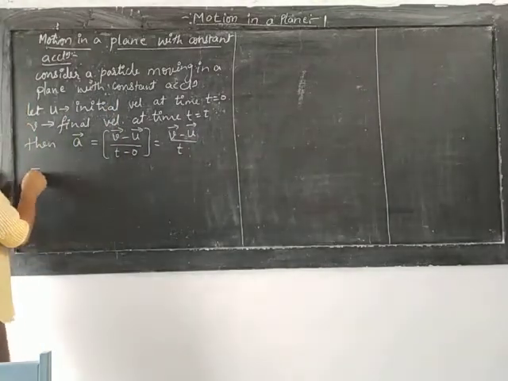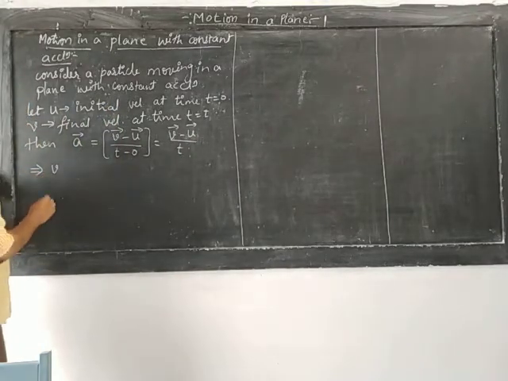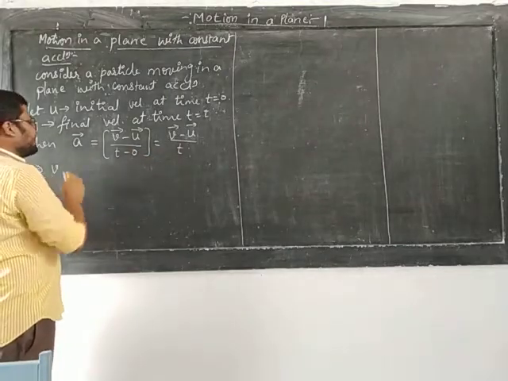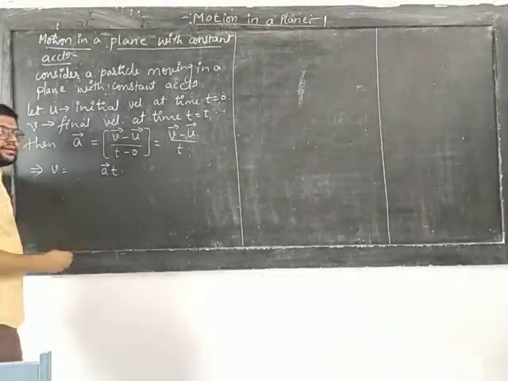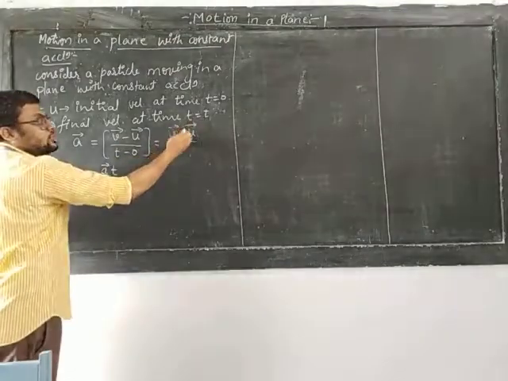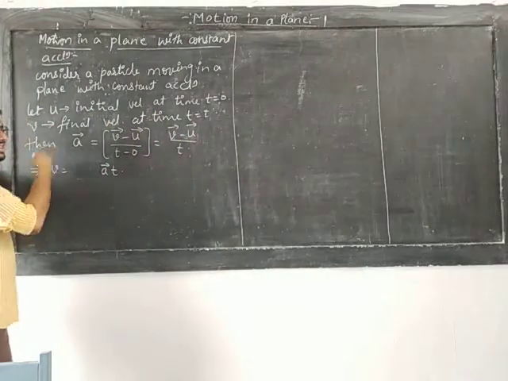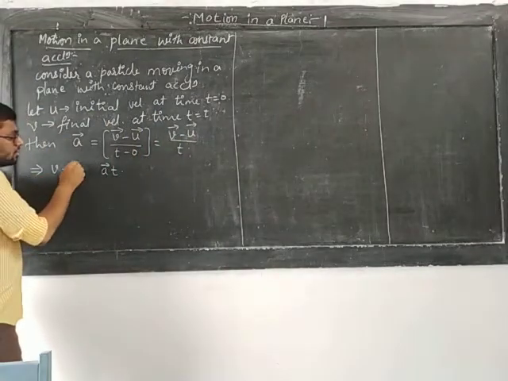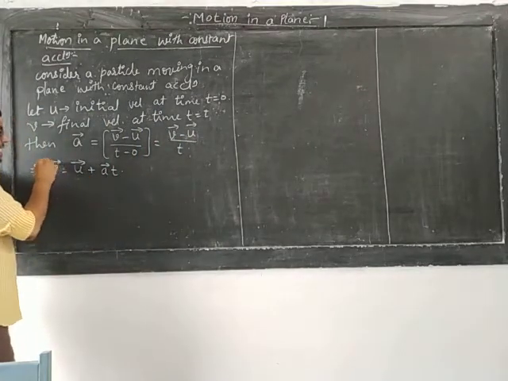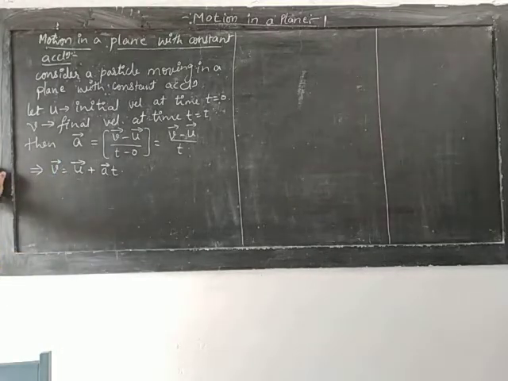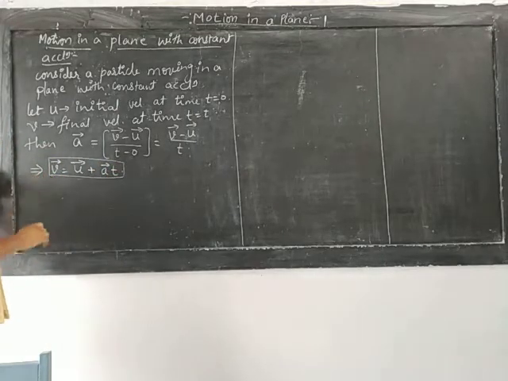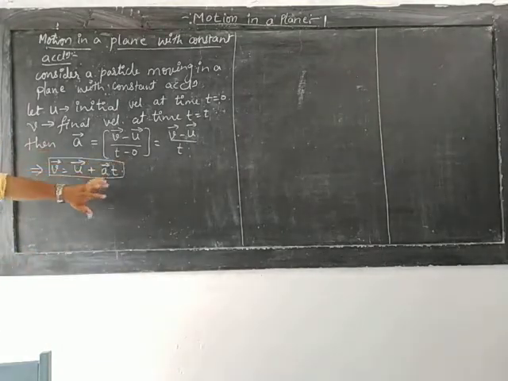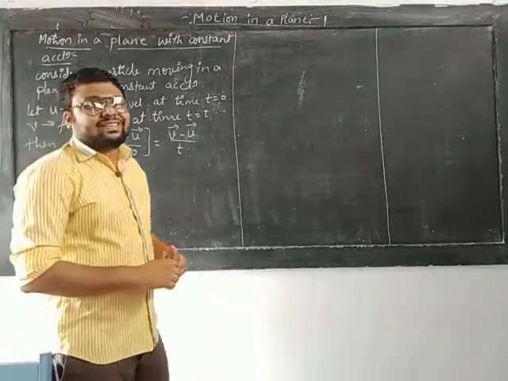So, v as it is, you just bring this t to this side, then it will be a into t, and then bring this minus u to the opposite side, the LHS, and it becomes v equals u plus at, right? Okay. Now, if you simply leave this equation as it is, then that will be the motion in a straight line case.